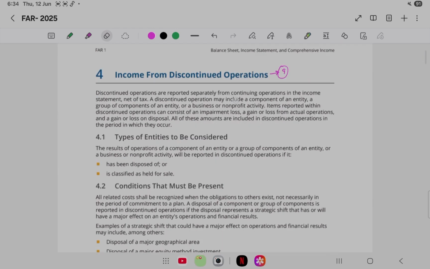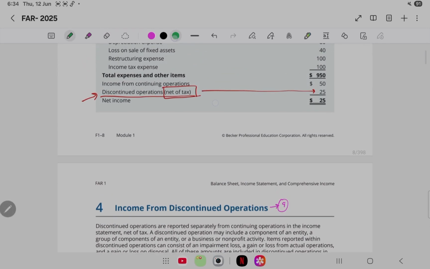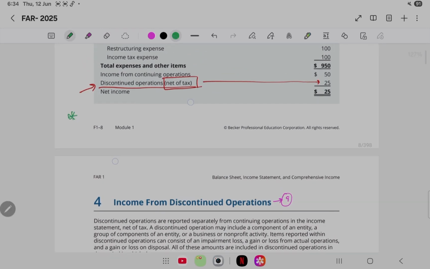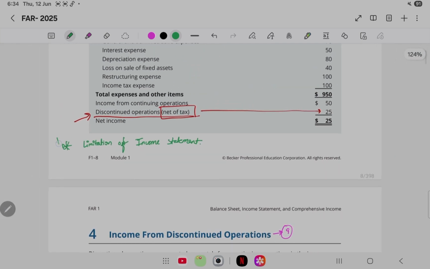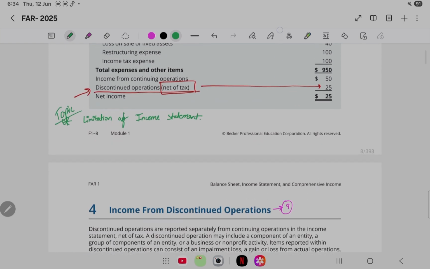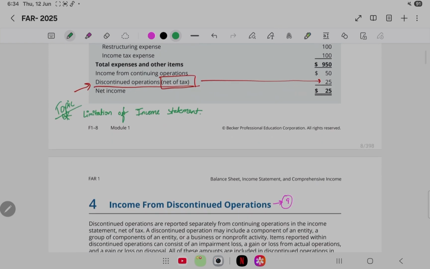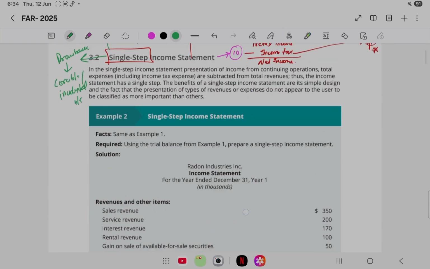Limitation of income statement. This topic needs to be done before the fourth topic, income from discontinued operation.